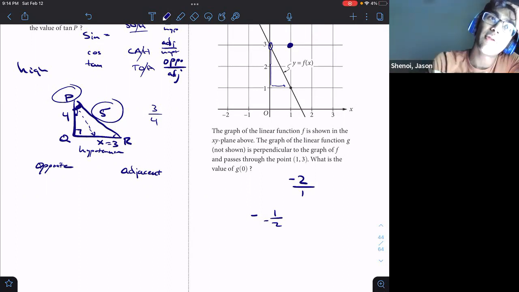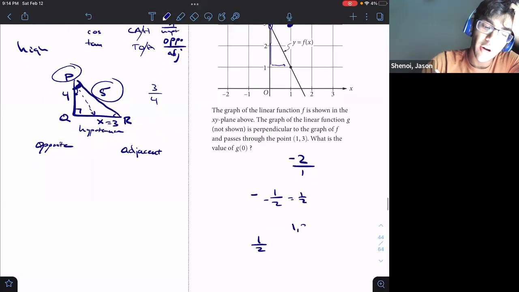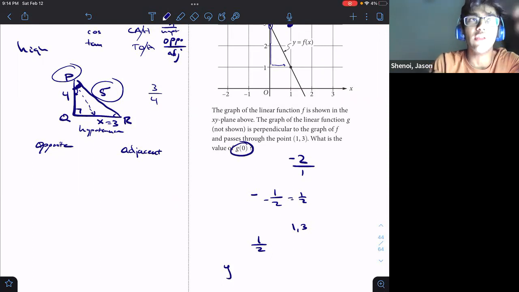So the negative reciprocal of -2 is 1/2, right? So if our slope is 1/2, and we know our point is (1, 3), we can solve for the point where g is equal to 0, which is also the x-intercept, right?